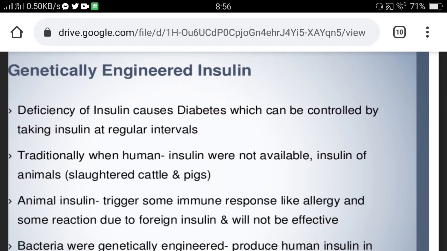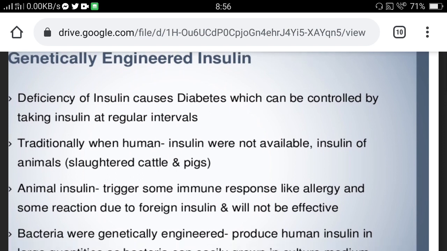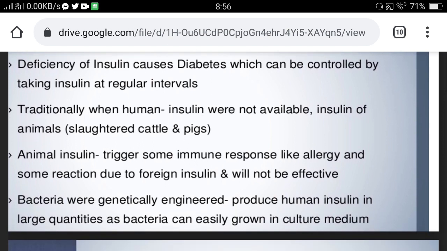Genetically engineered insulin. Deficiency of insulin causes diabetes, which can be controlled by taking insulin at regular intervals. Traditionally, when human insulin was not available, insulin of animal origin was used, available from slaughtered cattle and pigs. Animal insulin triggers some immune response like allergy and reactions due to foreign insulin, and will not be effective.